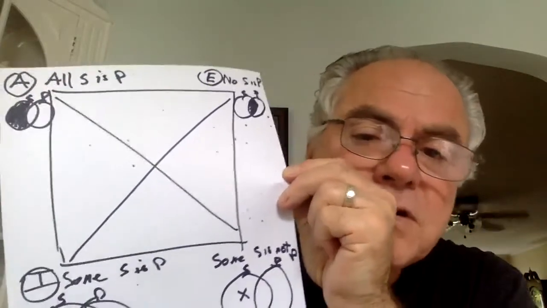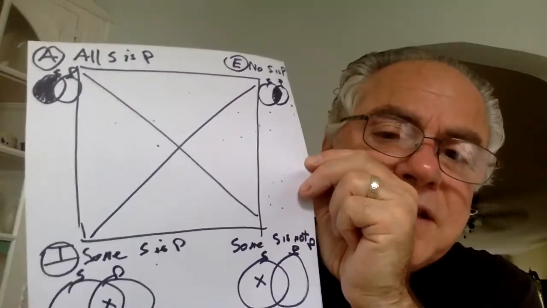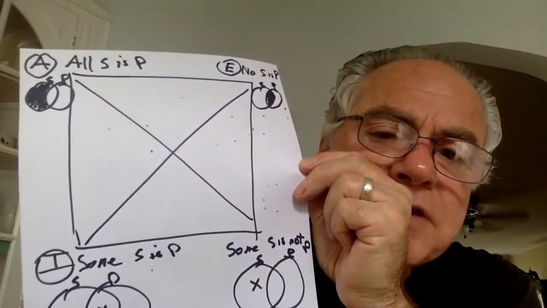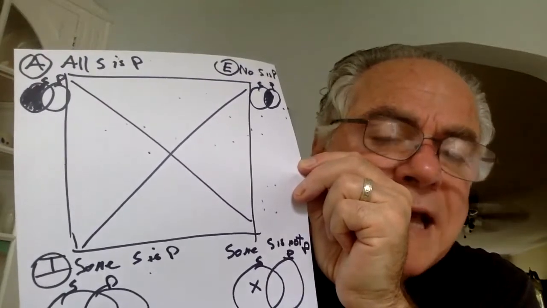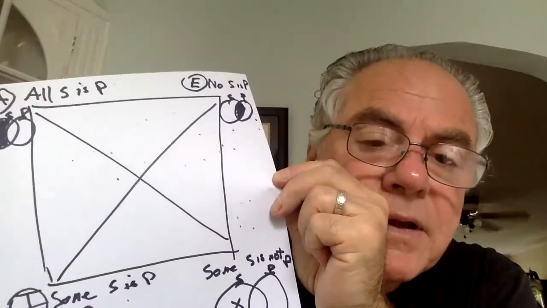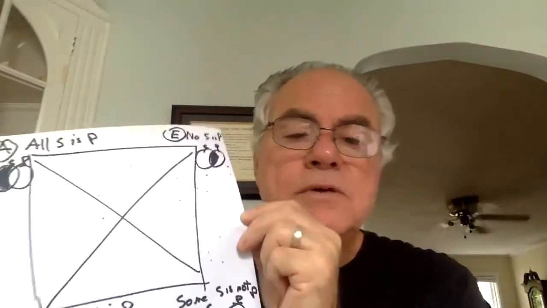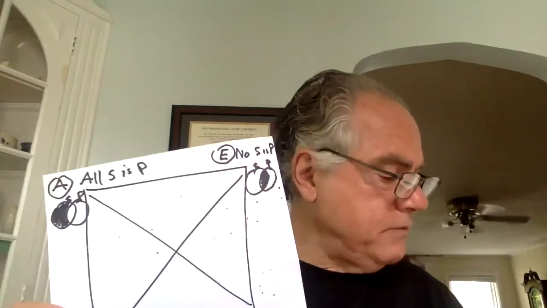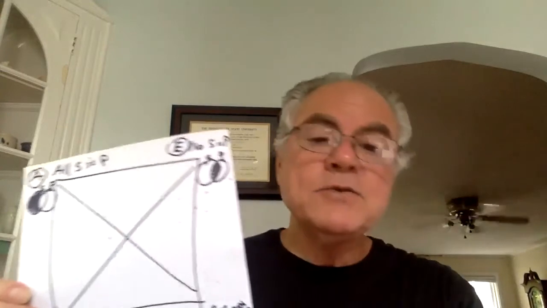Now, if you look next to the A, E, I, and O propositions, I made little circles that overlap. Those are called Venn diagrams. There was this man who lived in the early 19th century, Venn. He was born in 1834. He died in 1923.